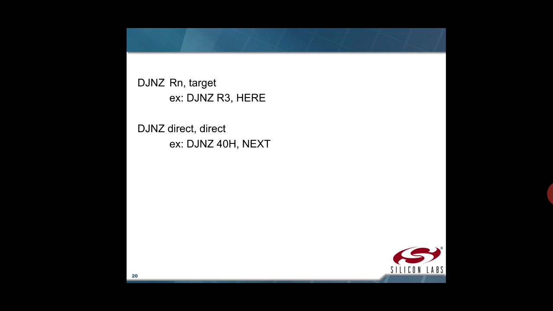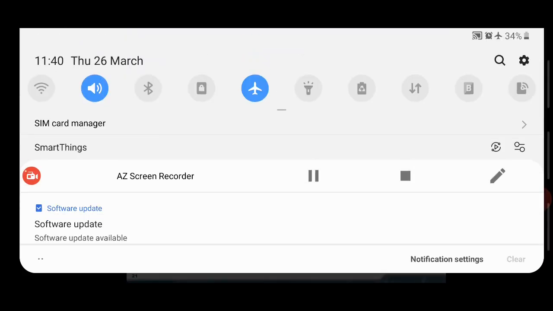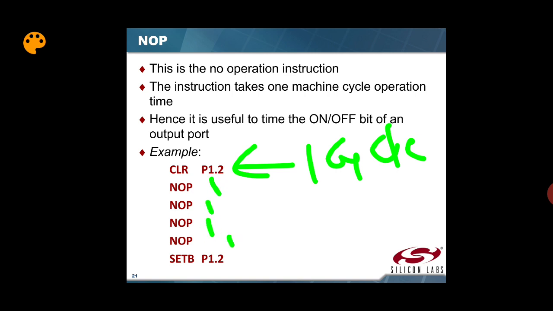Let us say this will take one cycle of time for execution. This will also take one cycle, one cycle, one cycle, one cycle. The very first instruction is CLR, and the next instruction is SETB, I'll say.